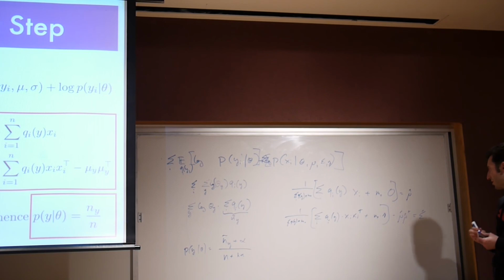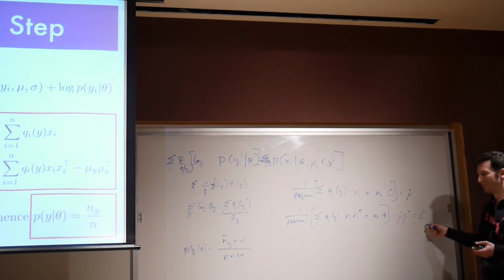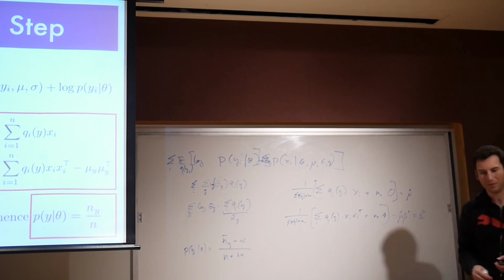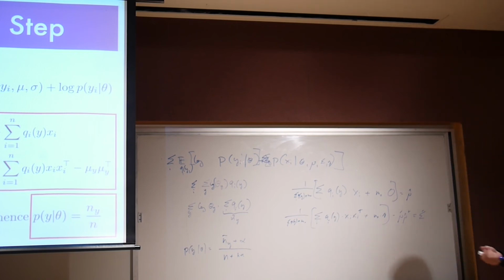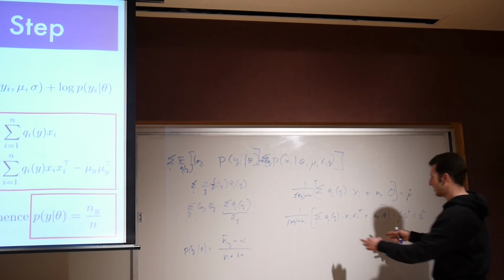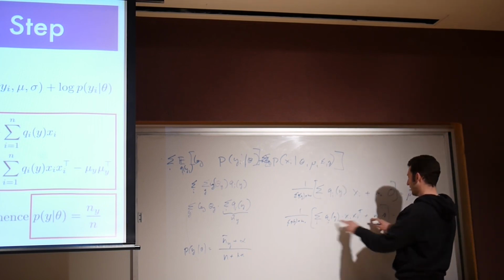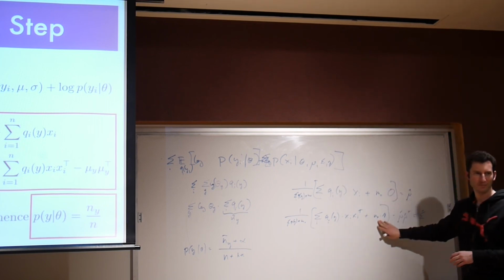So that ensures that I don't get zero variance. Even if some cluster happens to be super unlucky and not really get any points at all, my variance isn't going to go to something insanely stupid, because then this term really has no effect, and it's just going to be unit variance.